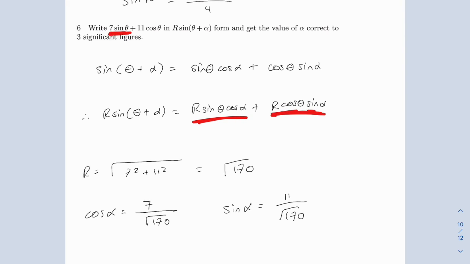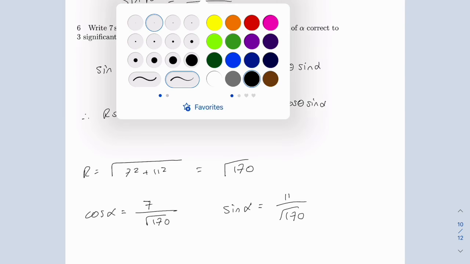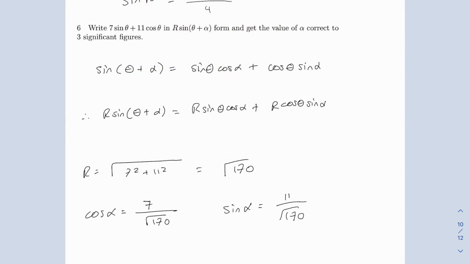Now, if we got 7 sine theta and 11 cos theta, then r cos alpha is going to equal 7, and r sine alpha is going to equal 11, because it's the coefficient of cos theta. Same thing here: r cos alpha is the coefficient of sine theta, and r sine alpha is the coefficient of cos theta. So you just work with that.